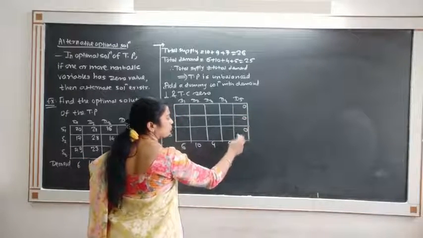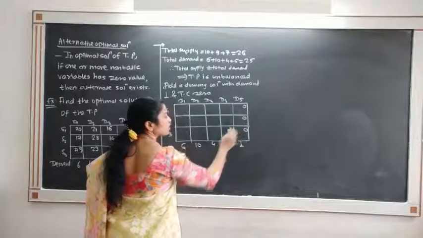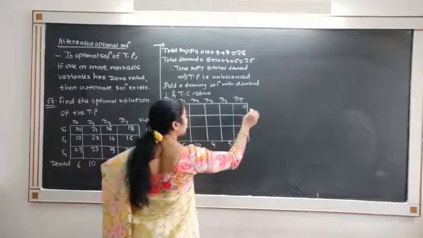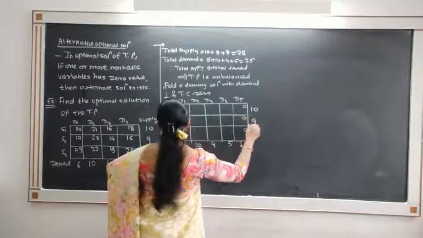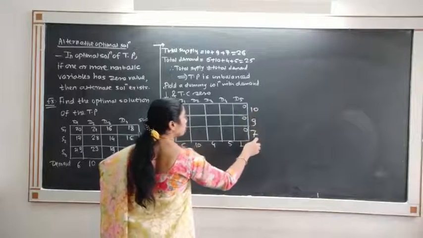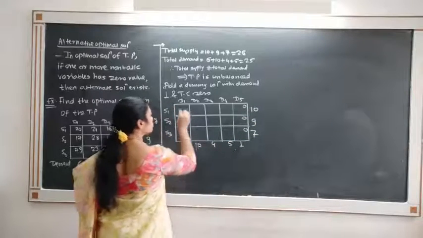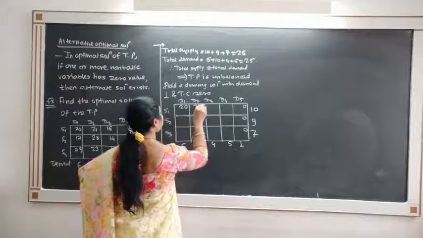This makes the problem balanced. Now observe that total supply is also 26 and total demand is also 26. The problem becomes balanced.